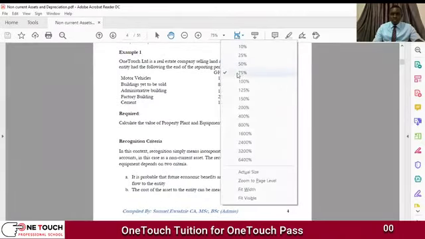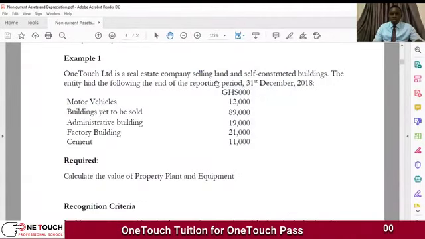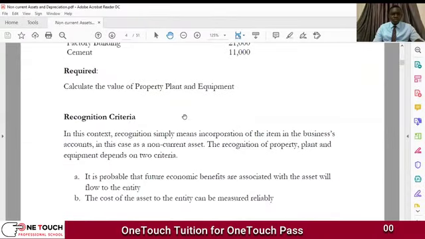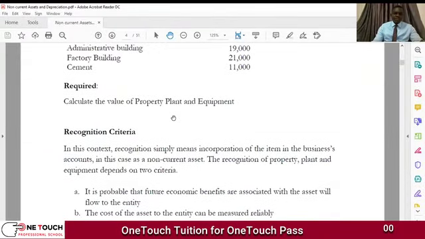All right, good. Now let's look at recognition criteria. Don't forget that when we looked at the introductory aspect of financial accounting, we spoke about recognition of assets and liabilities.